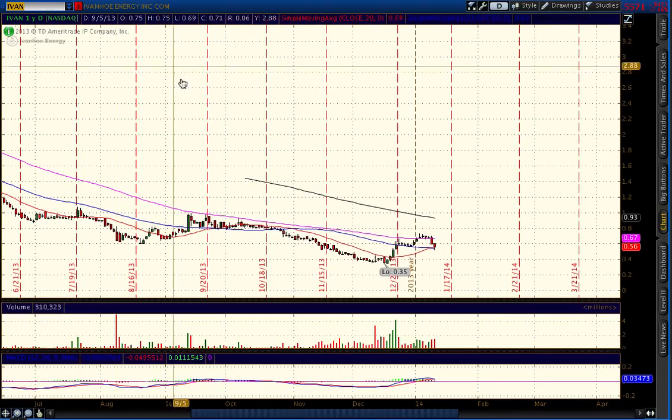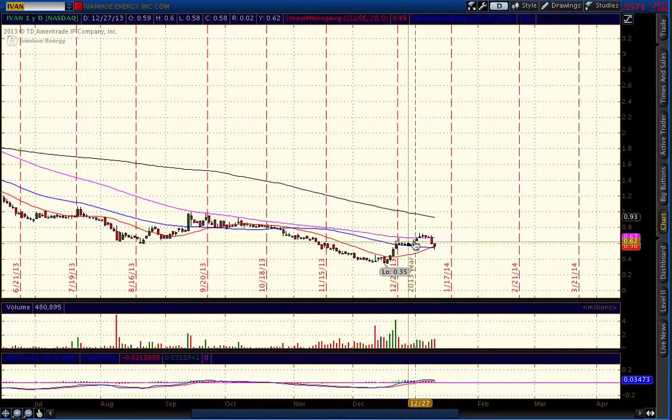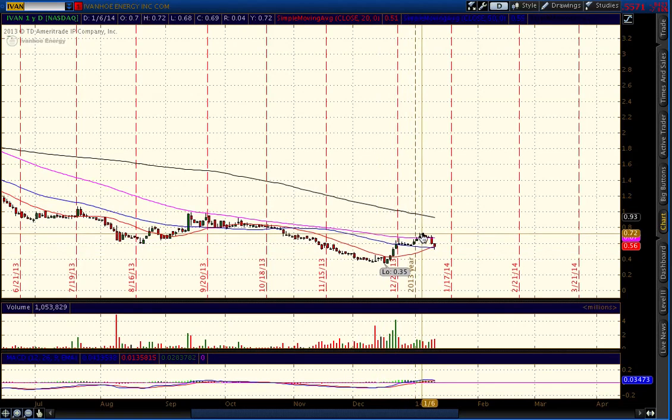Ivan is a small cap I've been in for a long time. I just took profits on it at 70 cents. I took profits on 90% of it. I still kept 10% of it, and the reason why is simply because my broker did not sell all my shares, so I still have 10% of my position right now.